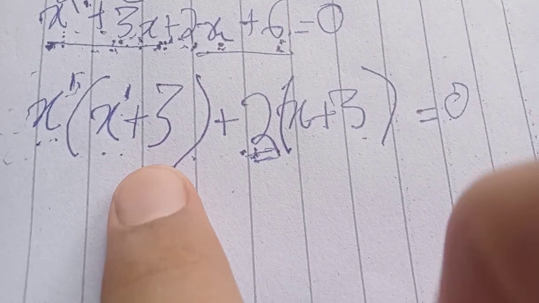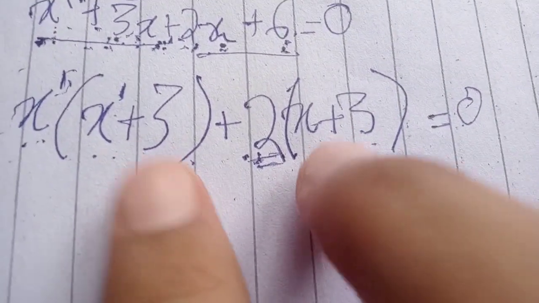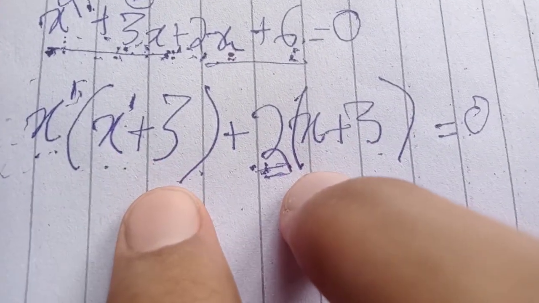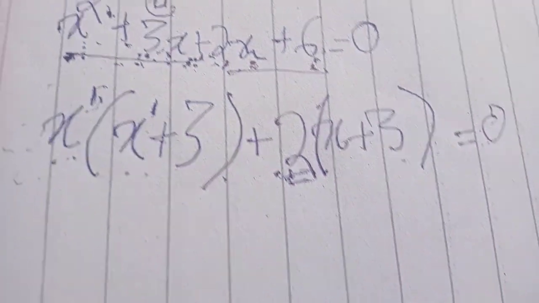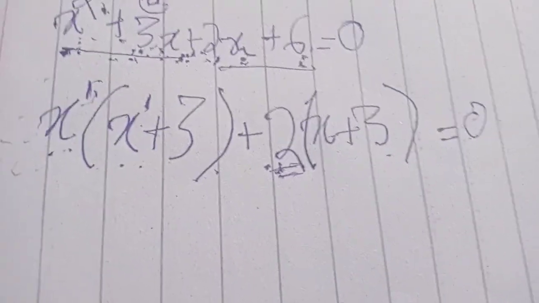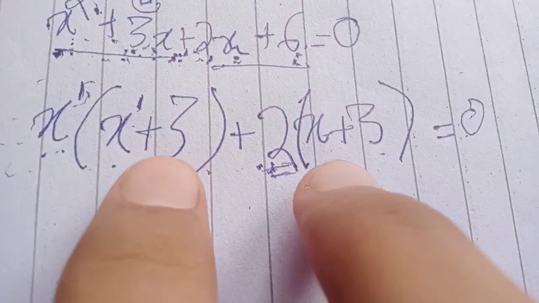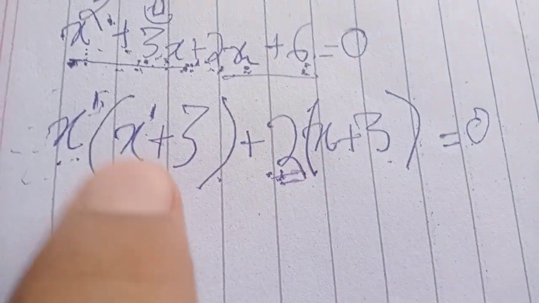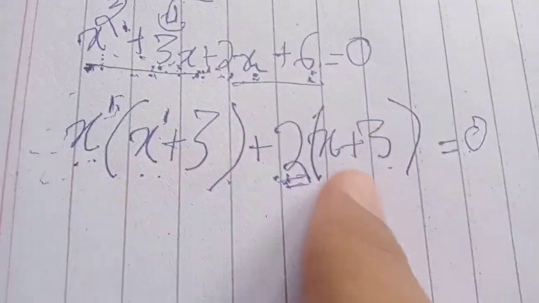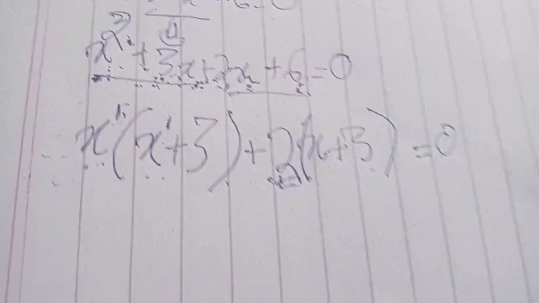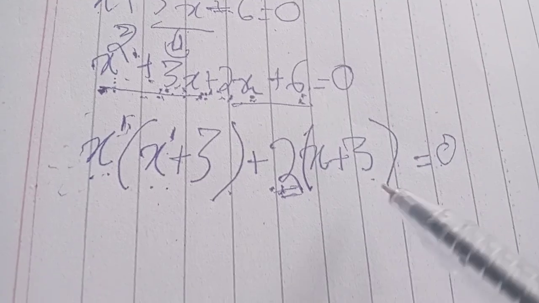Okay, now for such types of questions we have to make both brackets the same. If they are not the same, we are not going the right way to solve for x or getting the right value of x. In such a factorization method we must have the same brackets. For our case we are lucky that we have two same brackets, x plus 3 and x plus 3. Now I take x plus 3 as common.